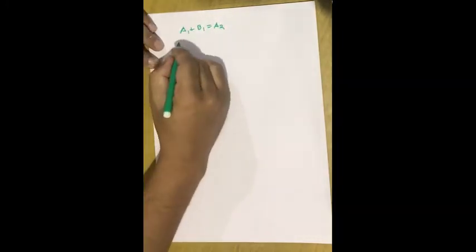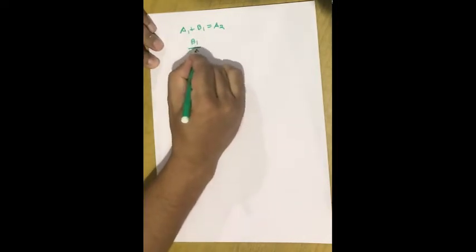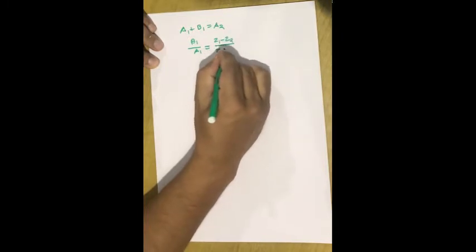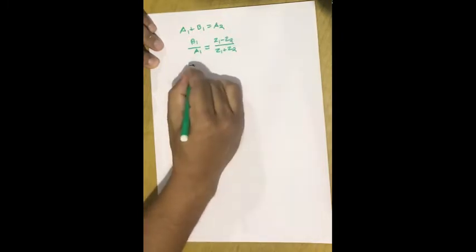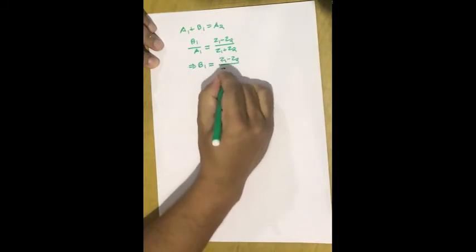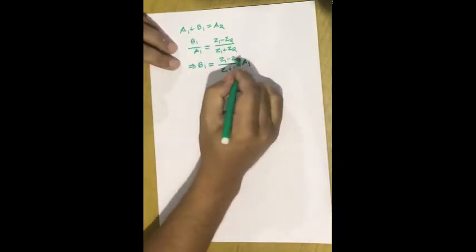Again, we know B1 by A1, which we have just derived, is Z1 minus Z2 over Z1 plus Z2. So B1 will be equal to Z1 minus Z2 over Z1 plus Z2 into A1. We just have to replace this value here.